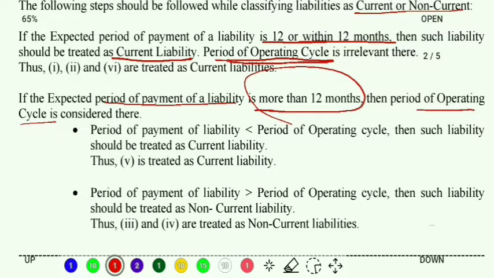If the period of payment of the liability is less than the period of operating cycle, it is a current liability. If the period of payment of the liability is more than the operating cycle, then it is a non-current liability. Let's solve the question and then this concept would be more clear to you.